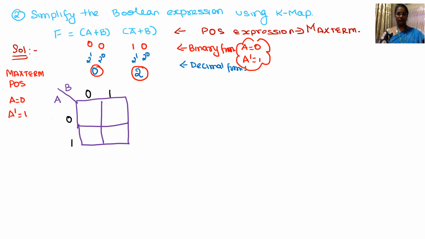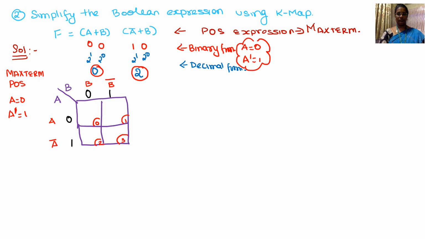So now this becomes my A, this becomes my A complementary, this becomes my B, and this becomes my B complementary. My complementary could be designated in terms of a dash or by this expression. Now I just name the cells. How do I name the cells? This is my 0, this is my 1, this is my 2, this is my 3.